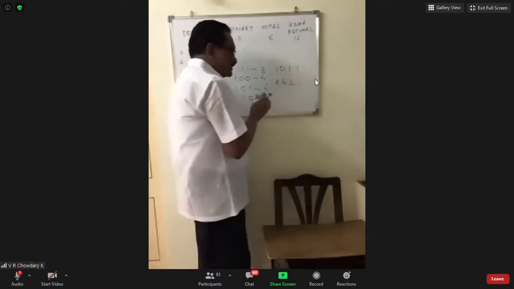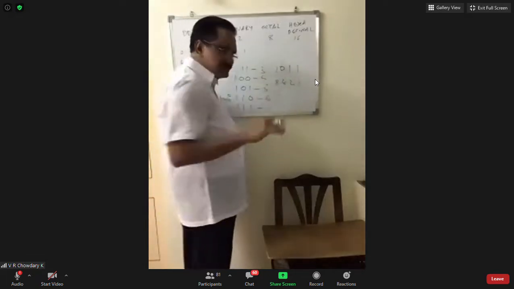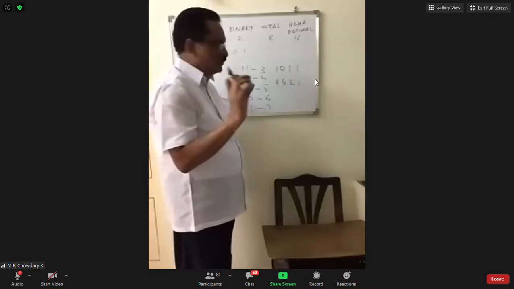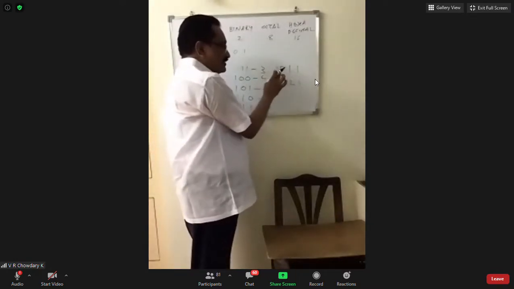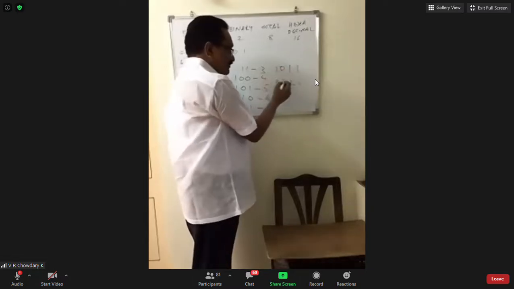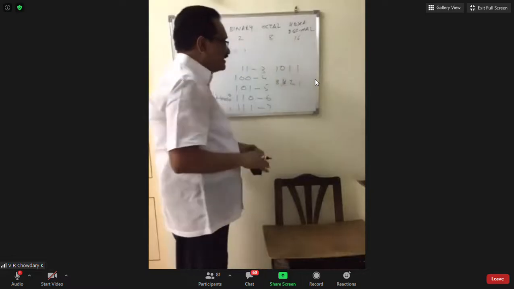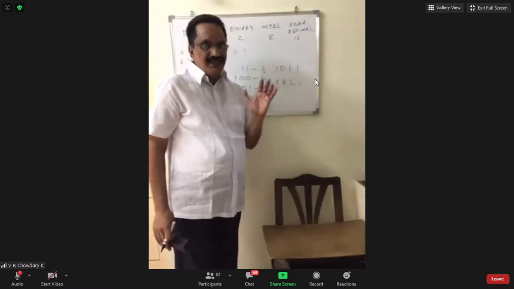For its decimal equivalent, simply add, or in other words, discard or remove the weight of the bit coefficient with the bit of 0. For example, discard that one. Add the remaining weights of the bit coefficients, and that is the decimal number equivalent of the binary number.